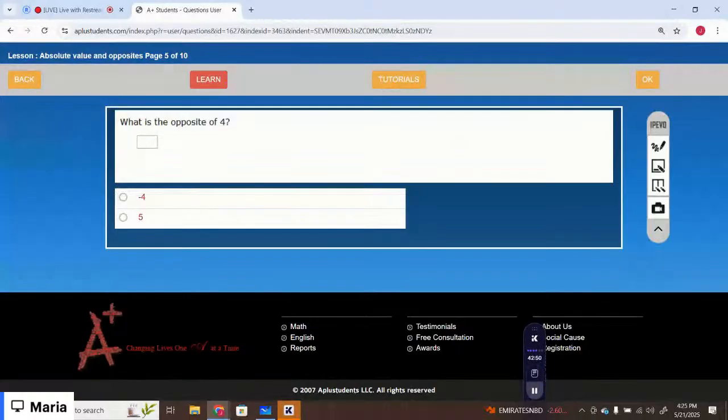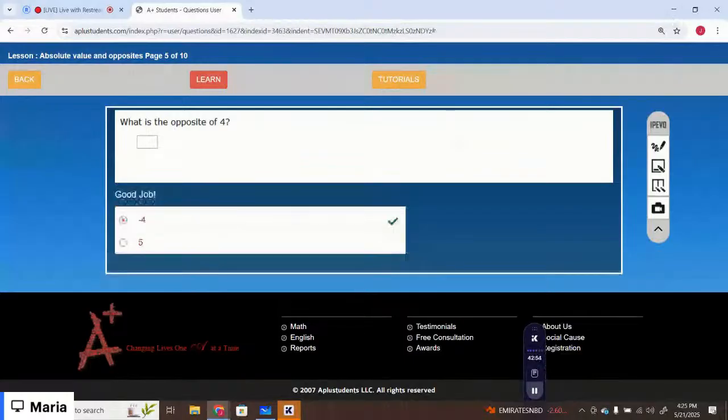The opposite of 4 is negative 4. Option number 2 is the correct option.